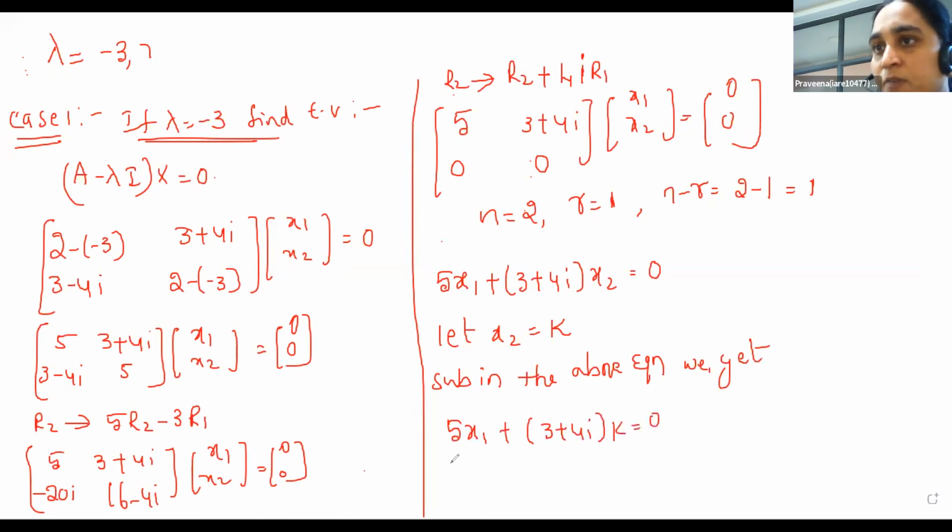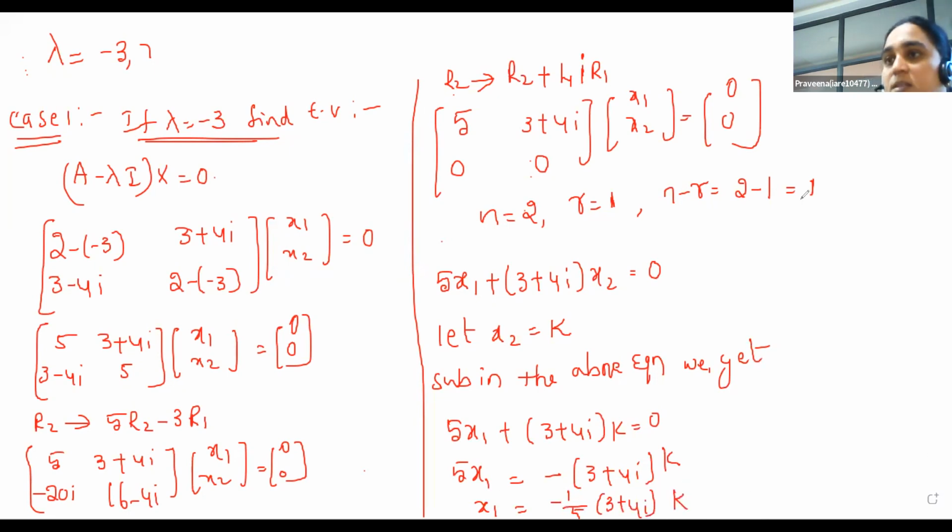From that, 5 into x1 is what? Minus of 3 plus 4i into k. From that, x1 is minus 1 by 5 into 3 plus 4i into k. This is x1.